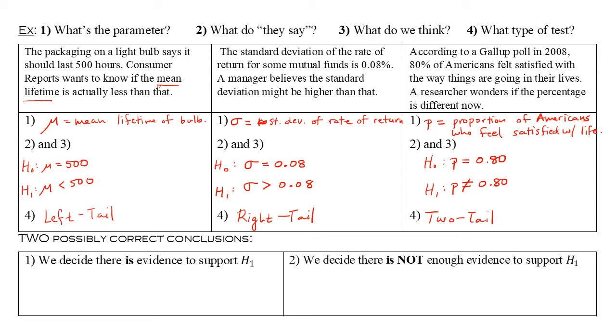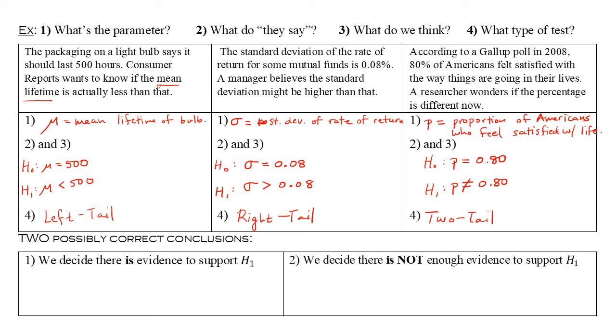And when we make a decision or draw a conclusion, for instance when we decide there is evidence to support H1, there is evidence to support the alternative hypothesis, that means that the null hypothesis was false.